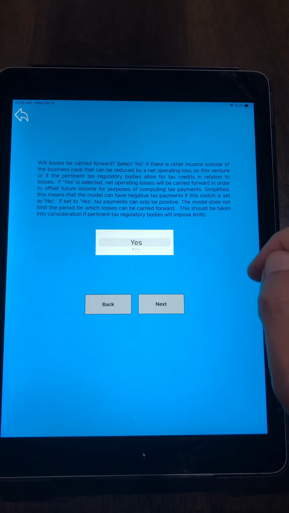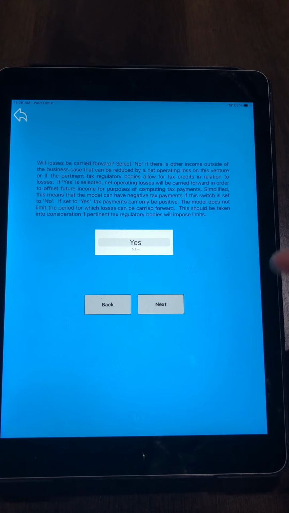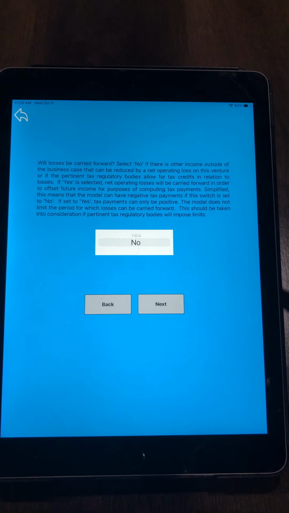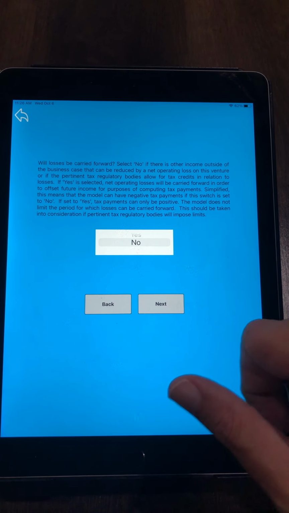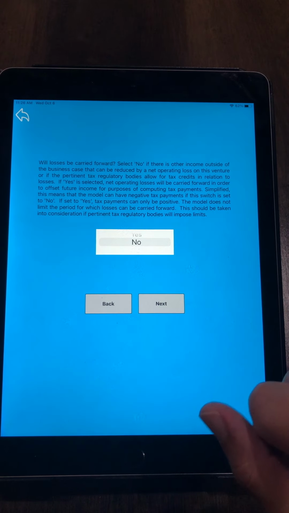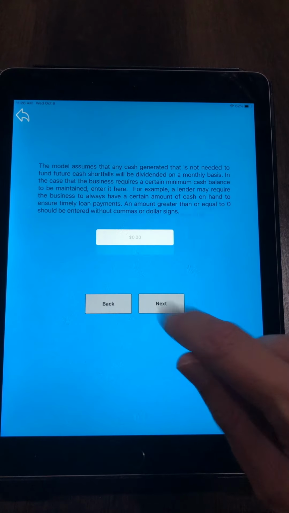So this is basically if you have other income that you can offset this against, or whether you are going to have to carry that loss forward. Now I actually have a spouse that is going to make other income that I can offset this against because I'm running this through as an LLC. And there I'm going to say, no, I'm not going to carry my losses forward.